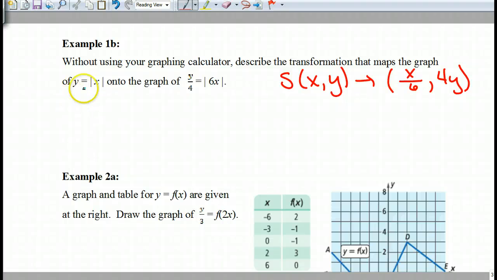So my x's are 1/6 of the original, and my y's are 4 times the original. No, this is already in the equation form, right? So I'm going from equation to this.